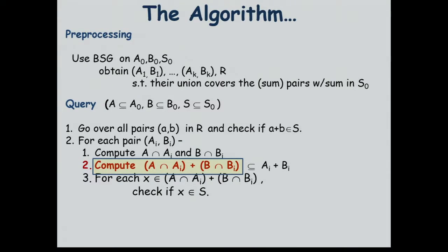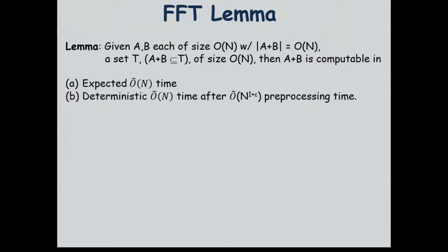And in our case, if you go back, we knew we could upper bound what the set was in. We had a ground set T, so we can actually do this.